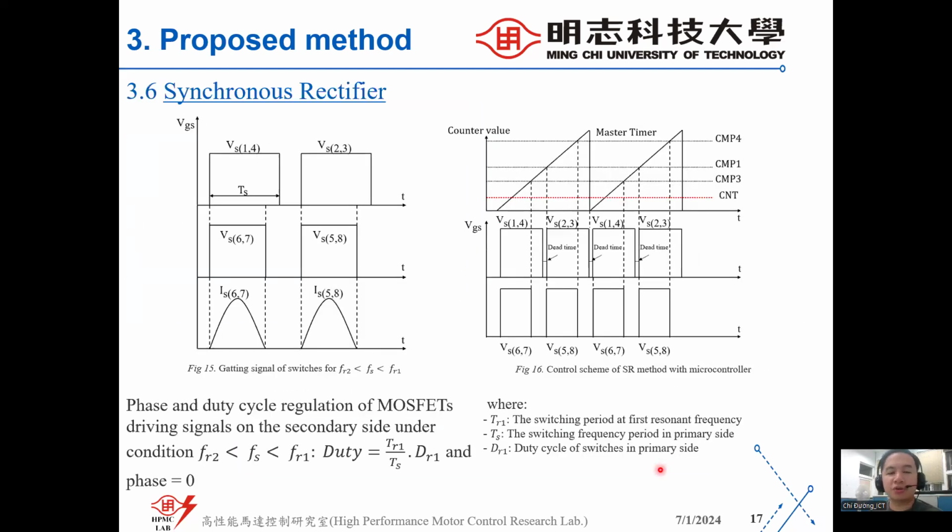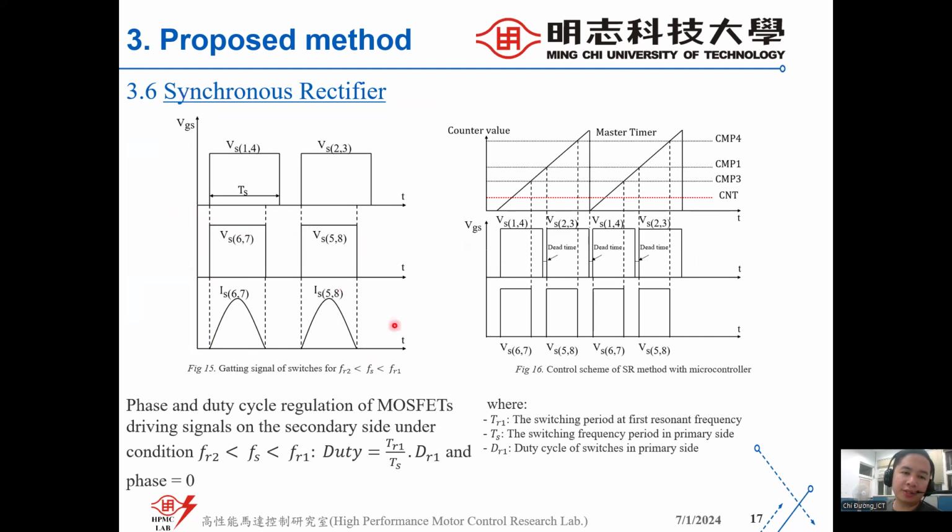Synchronous rectification is applied to reduce the conduction loss of the switch, and we need to make sure the VGS on the secondary side will turn on and turn off.